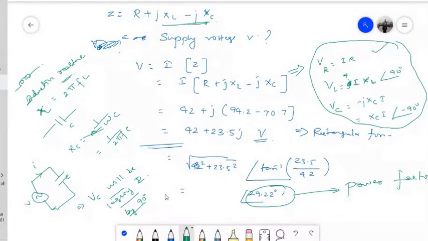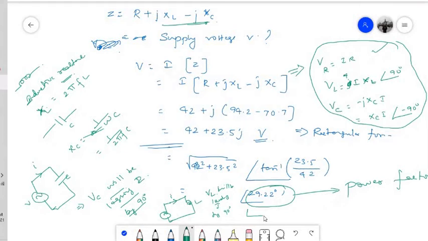If you talk in terms of the inductor, let's say the same thing I do for the inductor. I have the current I. In this case, the voltage across this L will be leading the current I by 90 degree. So when you draw the phasor diagram for this, this will be I and this will be VL.